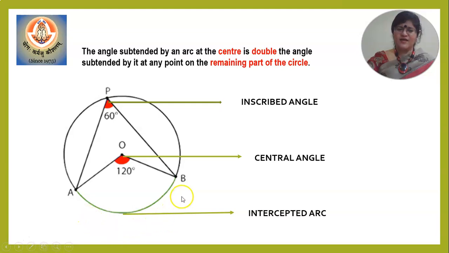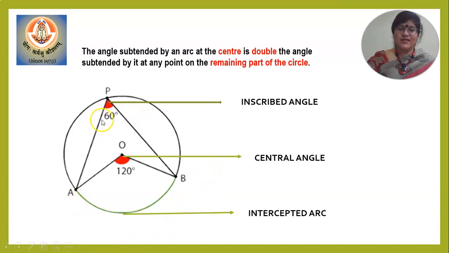So if this arc is 120 degree, what will be this inscribed angle? 60. Why will it be 60? Because you know that this angle P is half of angle O because of this property. And O, this angle AOB, is also equal to this arc.